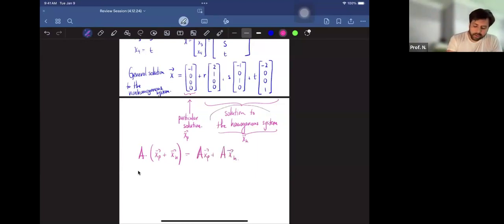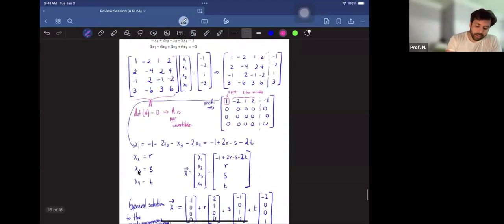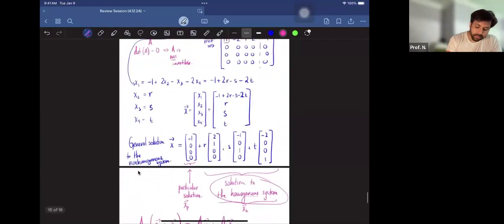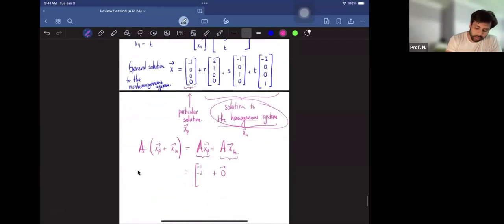But since this solves the homogeneous system, I know this will always be 0, no matter what. And this will give me the particular solution here, the result, which will give me -1, -2, 1, 3.